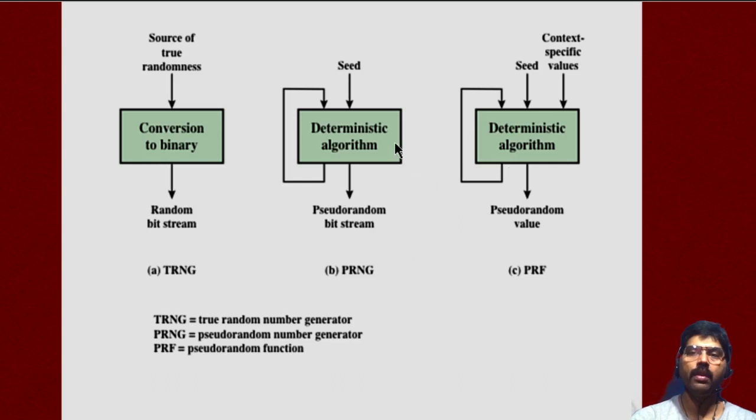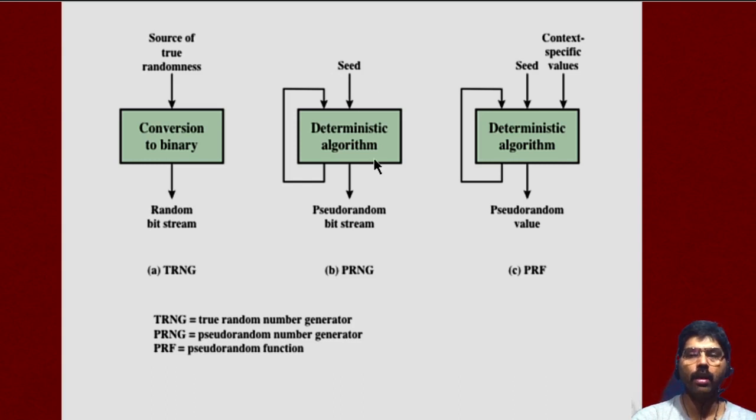In this algorithm, some feedback path is provided by which some of the results of the algorithm are fed back. Some of the output is fed back to the input of the algorithm. The important point to remember is the output bit stream is determined solely by the input value or values.